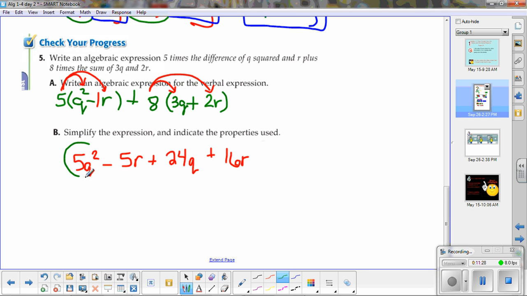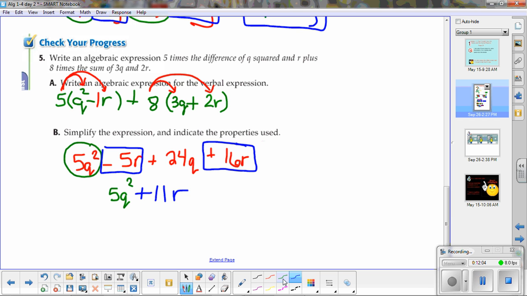This is my only q squared term, so I'm going to go ahead and just write 5q squared. Then we have a negative 5r and a positive 16r. Negative 5 plus 16, that's going to be a positive 11r.